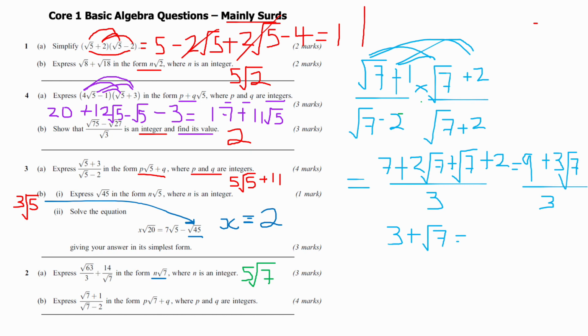Okay, because looking back at the question, it wants it in the form p root 7 plus q. So it's going to be root 7 plus 3. Okay, and if you're interested, p would be equal to 1 and q would be equal to 3, guys.